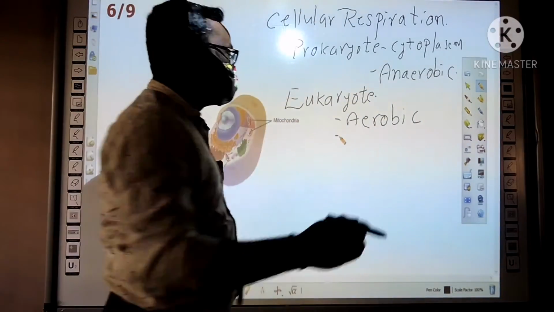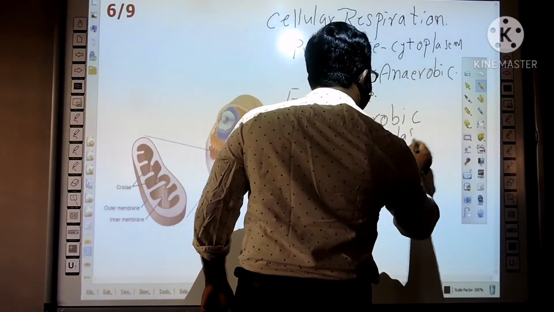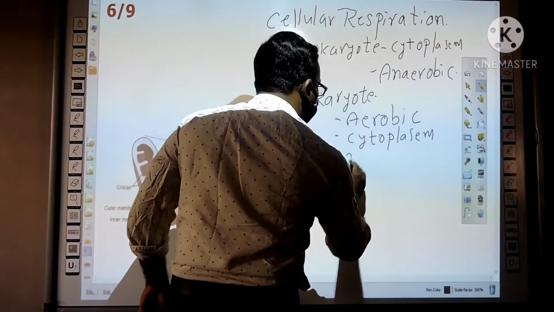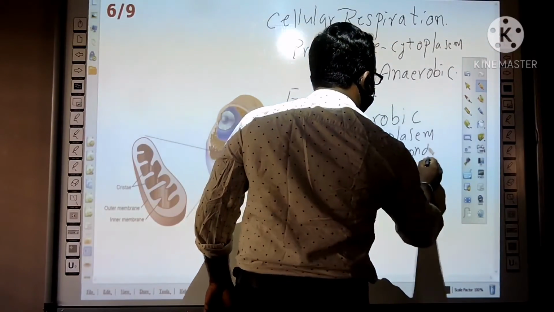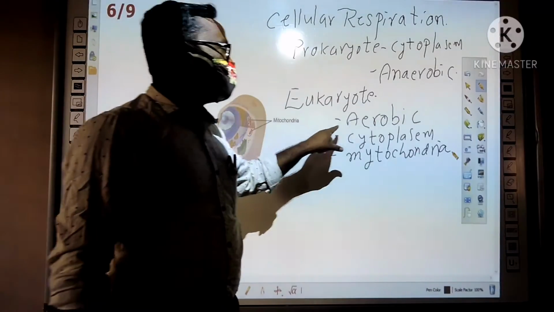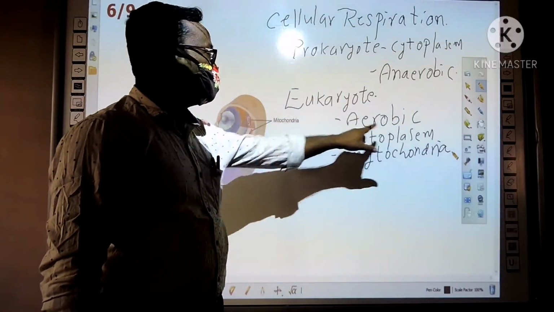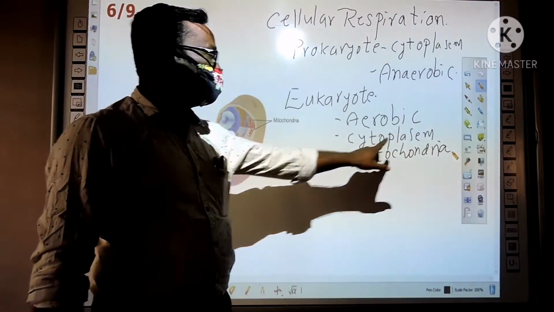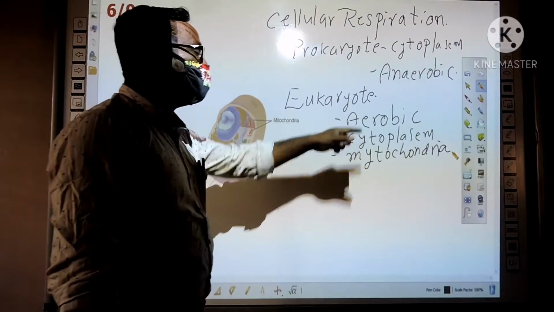One is cytoplasm, and another one is, what is it? Mitochondria. So in eukaryotes, the respiration is called aerobic respiration. It happens in two stages. One is in cytoplasm, the second one in mitochondria. So first let us discuss aerobic respiration.